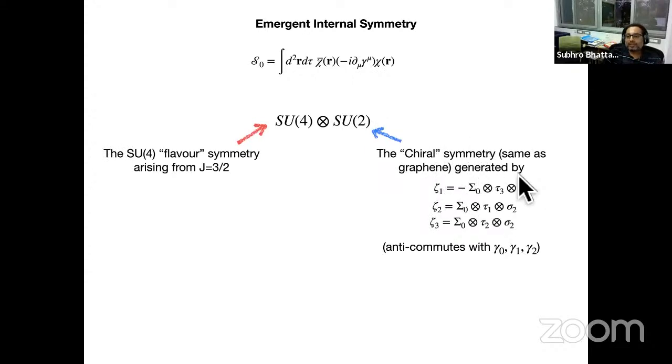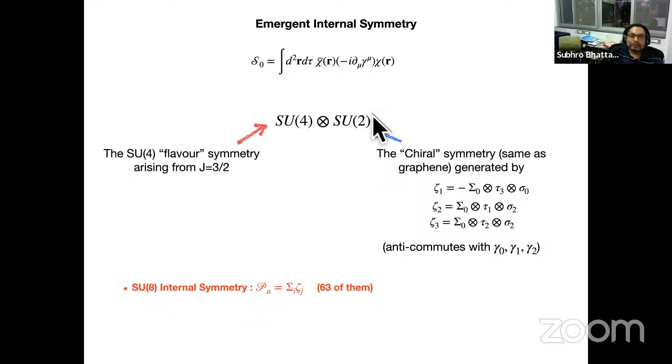Since it's SU4 diagonal, it has an SU4 symmetry, and from graphene there is a U1 symmetry, which is often called the chiral symmetry, which can be constructed out of the two Pauli operators, the valley and the particle-hole, which anti-commutes with these gamma matrices.